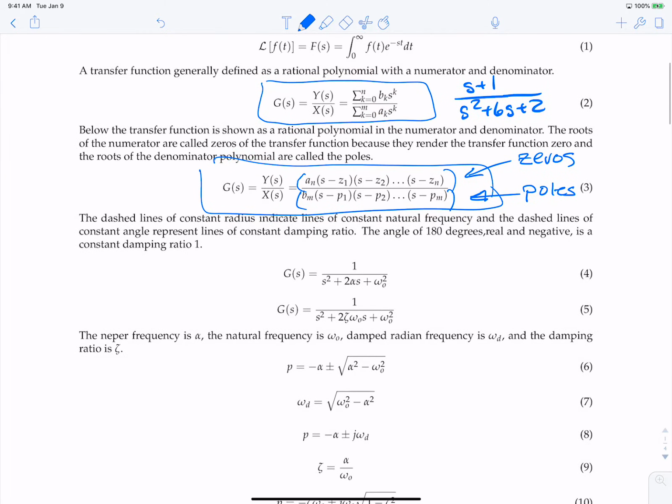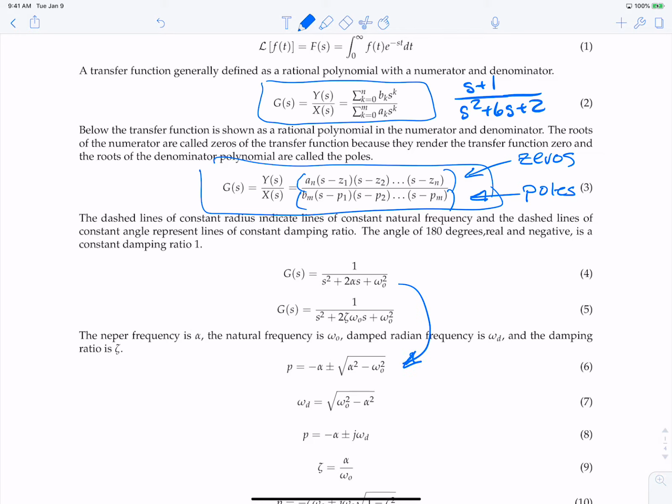Let's consider the transfer function written here in equation 4. Don't worry about the numerator; let's just focus on the denominator. Using the quadratic equation, you can write the solution for the two zeros of the denominator, which we'll call poles.